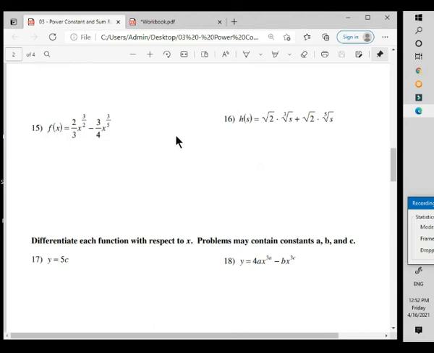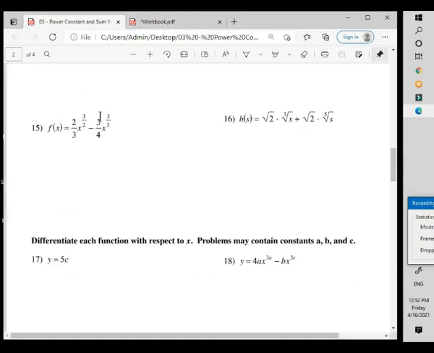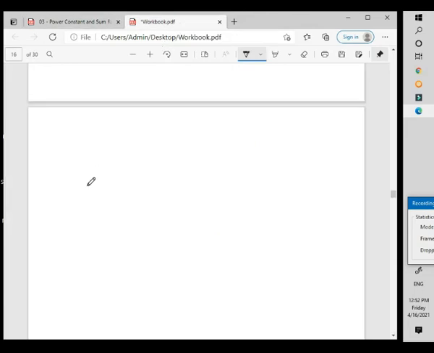Alright, so last three. Yeah, they really went all out for these last of the questions. Alright, so y is equal to root 2 cube root s plus root 2 times fifth root s. Alright, so let's get into this. So y is equal to root 2.